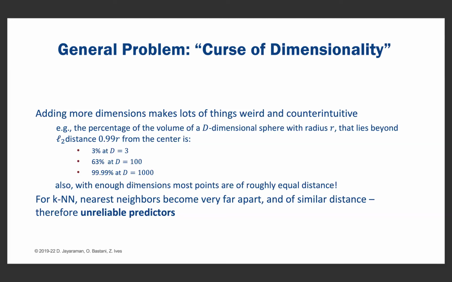So essentially, as you increase the number of features and go through more and more dimensions, suddenly a lot of things which we get used to in our normal three-dimensional world break down, and we need to take that into account. From this point of view, using distances might be an unreliable predictor from our intuition point of view.